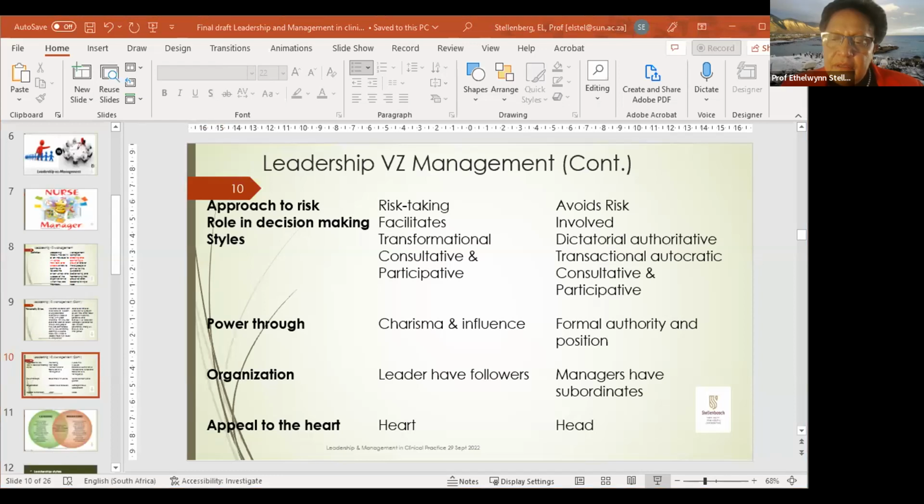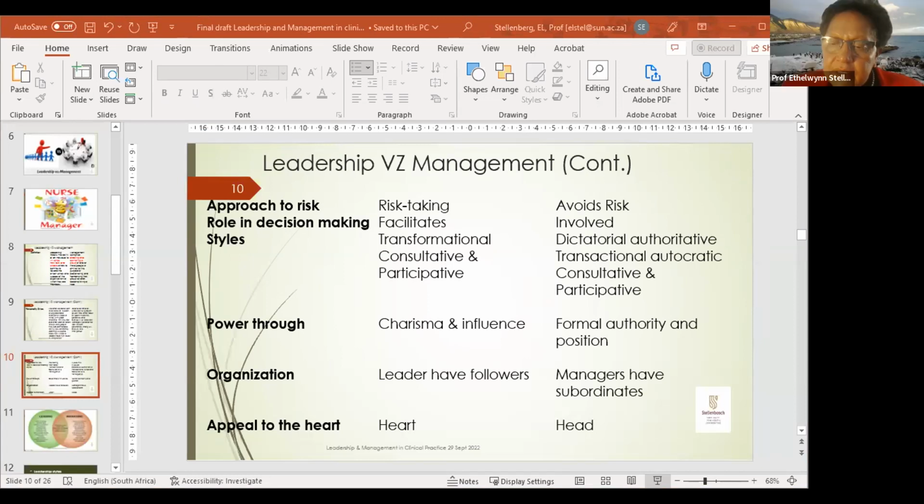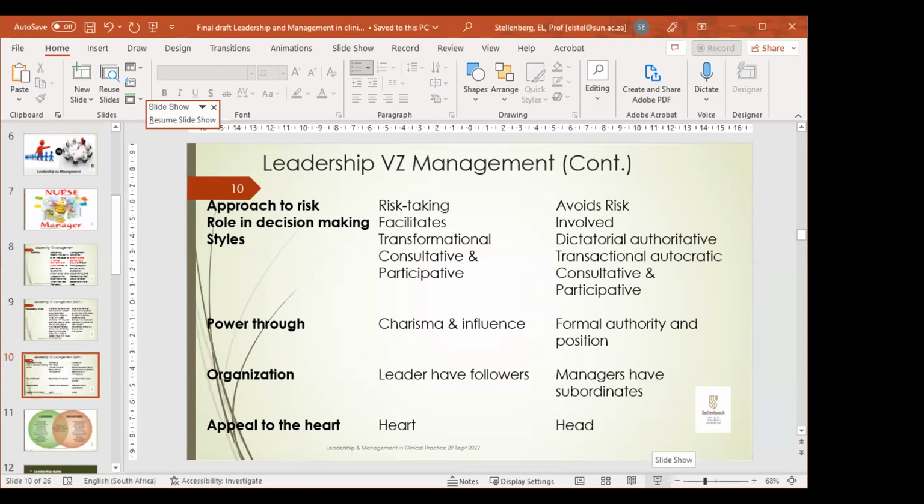I don't want to pause the share. You just want to put it on full screen, at the display settings at the bottom of your PowerPoint. There you go, Prof. Thanks.